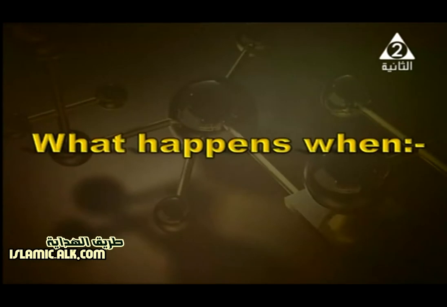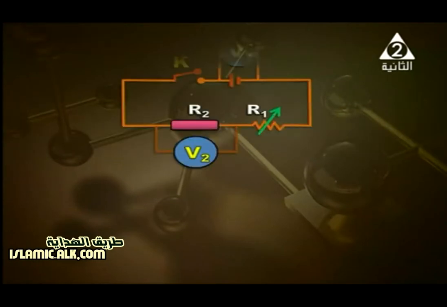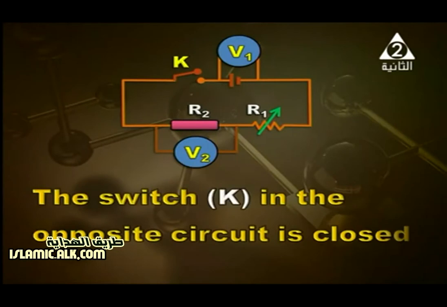What happens when the switch in the circuit is closed? Okay, your attention, of course, with respect to the readings on the 2 voltmeters, V1 and V2. Right now, before closing the switch, V1 reads the maximum value, the EMF of the cell.